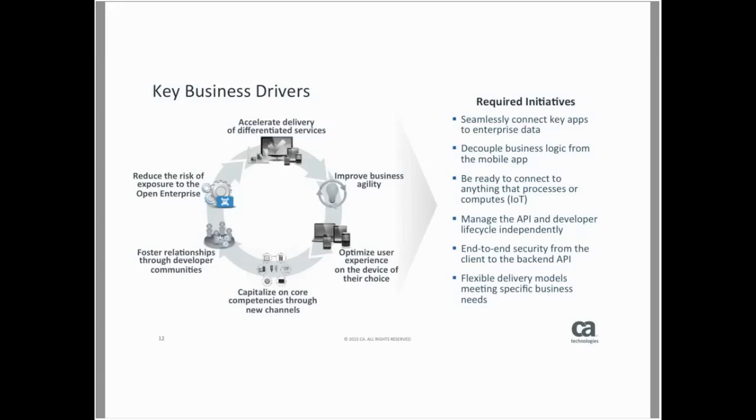In terms of key business drivers, if you look at the 6 business drivers here, they translate very easily into an initiative that are listed out on the right here. And every business driver is kind of attached to an initiative. If you look at improving business agility, how do enterprises improve business agility? By connecting key applications to enterprise data.